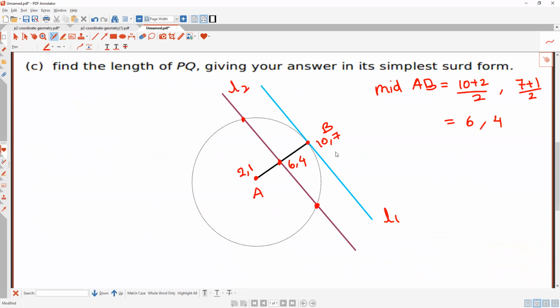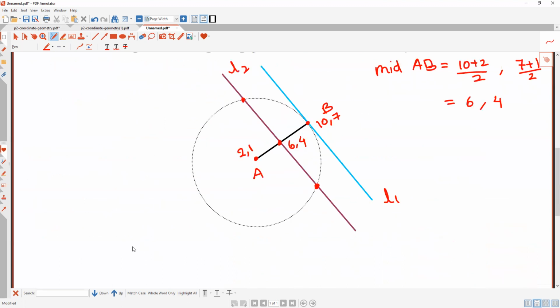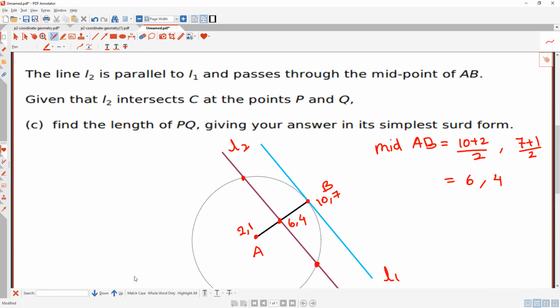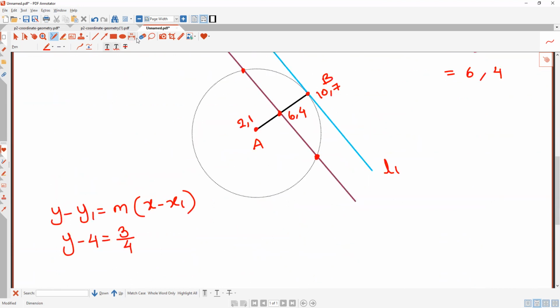Okay. Yes. Can I do y minus y1 is equal to m times x minus x1? So y minus y1 is y minus 4, and m is minus 4 by 3, and x minus x1 is x minus 6.